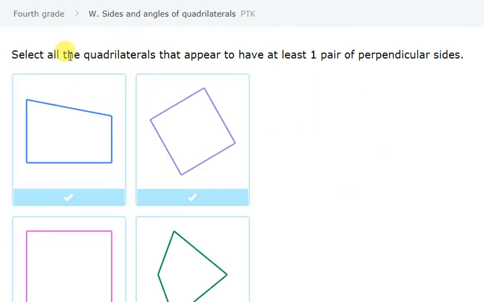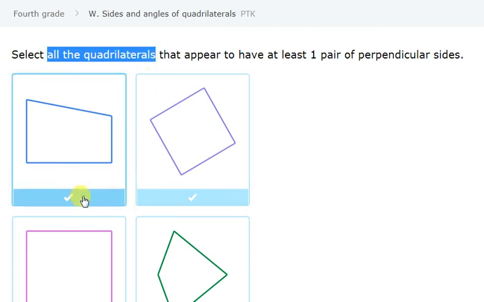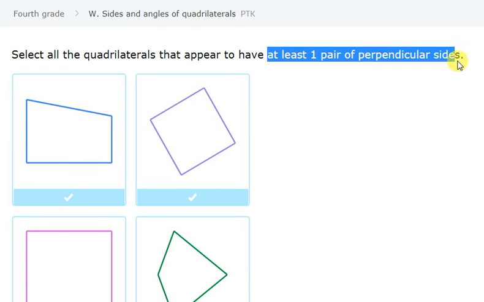Okay. Select all the quadrilaterals. That means you can have more than one quadrilateral that satisfies the given condition, right? And what is the condition? To have at least one pair of perpendicular lines. Perpendicular lines are lines that make a 90-degree angle with each other, right?